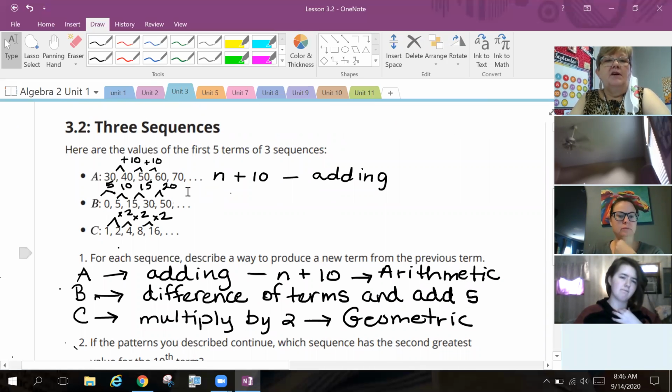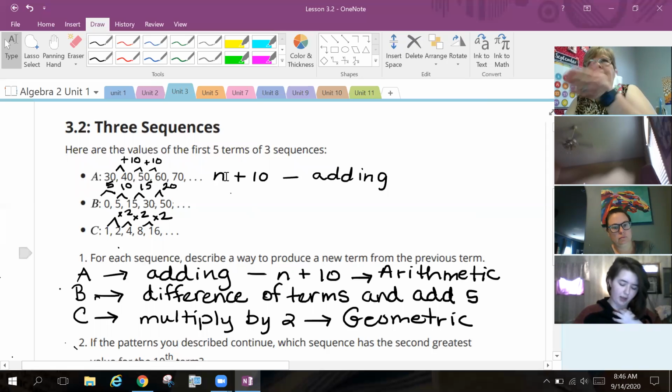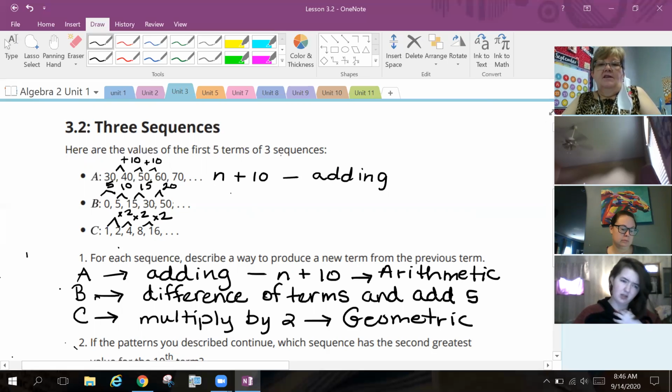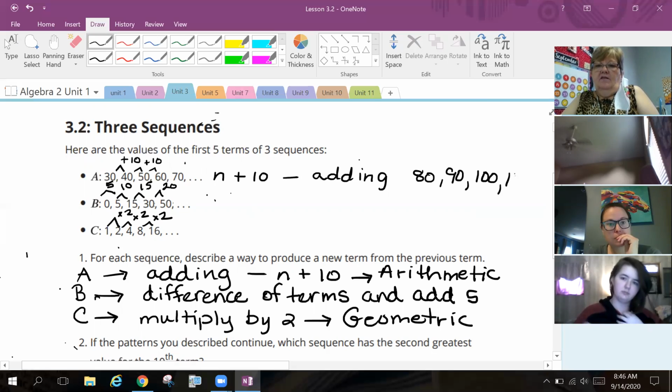For the first one, we know we're adding 10, so they're going to be families of 10. So this is a family of 5. So 5 more figures would be 80, 90, and 120, right?